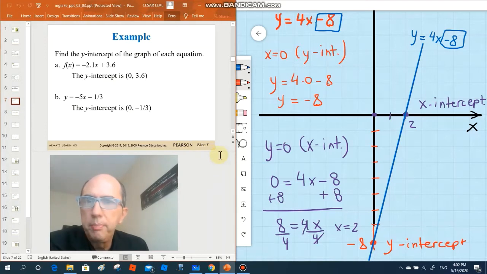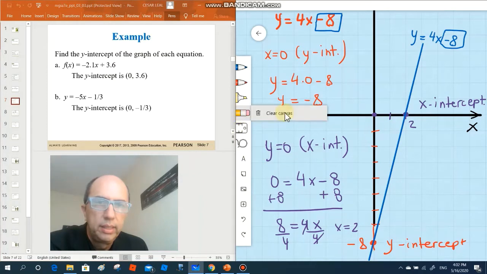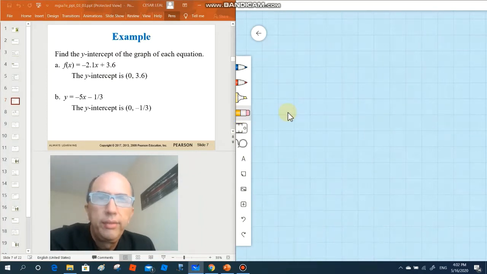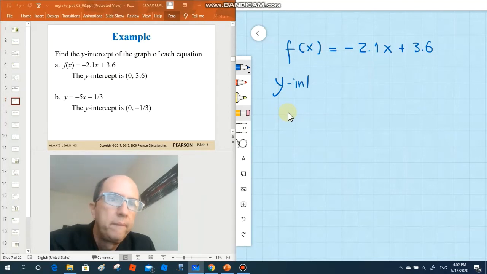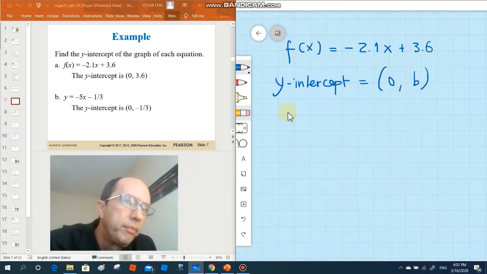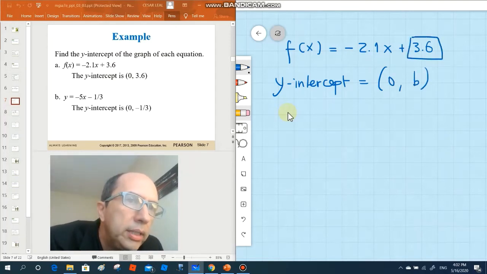All right, more examples. Find the y-intercept. If we have this function, f(x) equals negative 2.1x plus 3.6, the y-intercept is (0, b), and here b is 3.6.